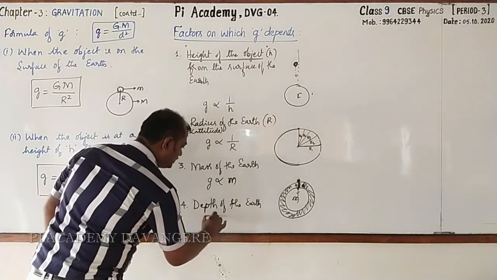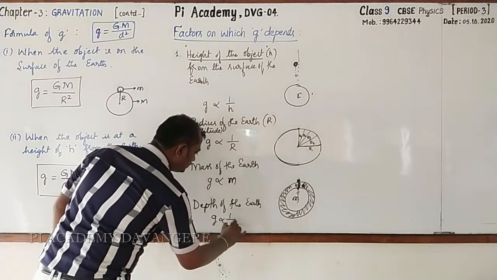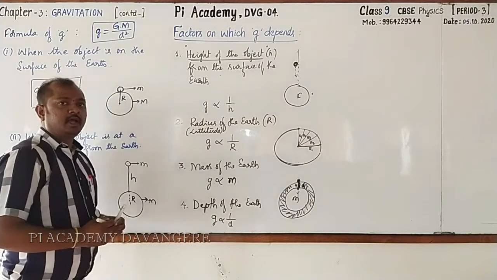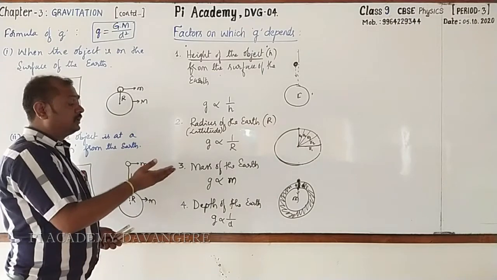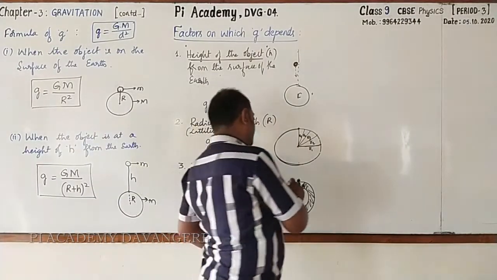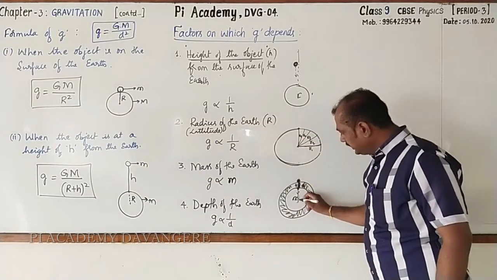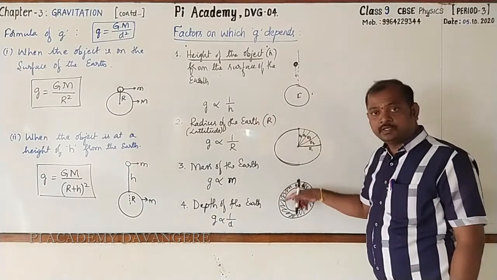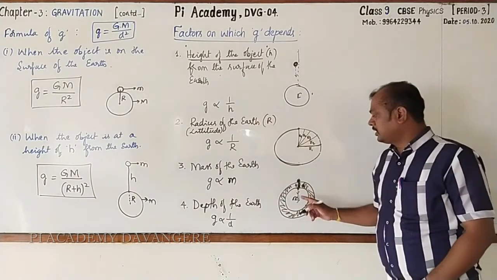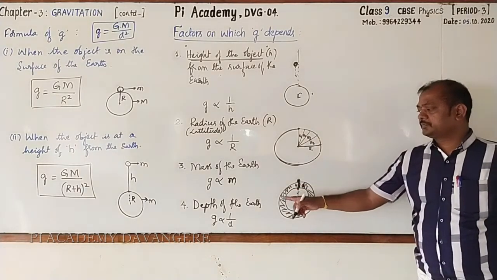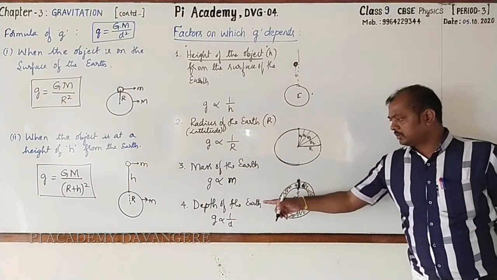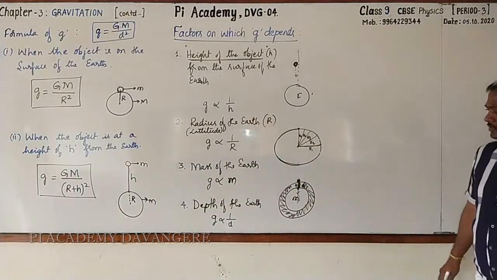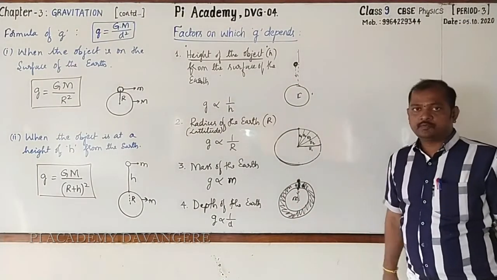It will be g is inversely proportional to d. As the depth increases, g decreases. As the depth decreases, g increases. Okay, these are the four factors.